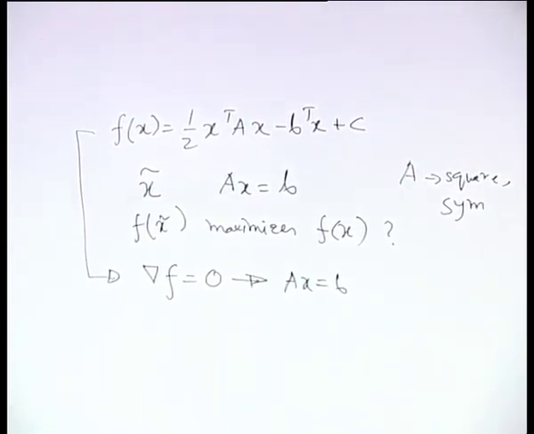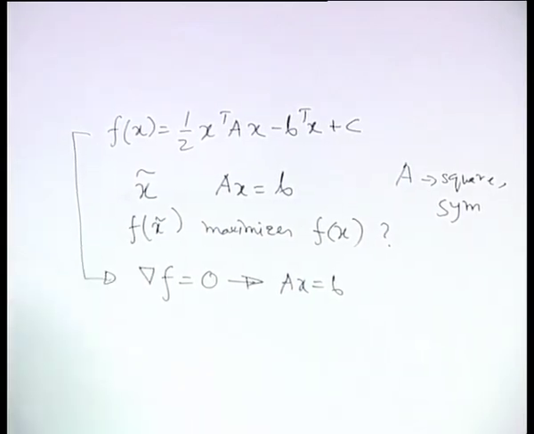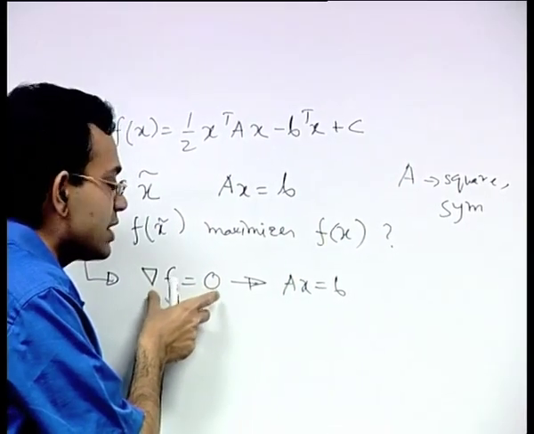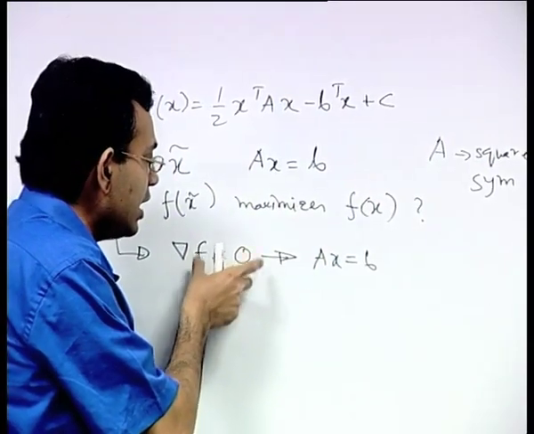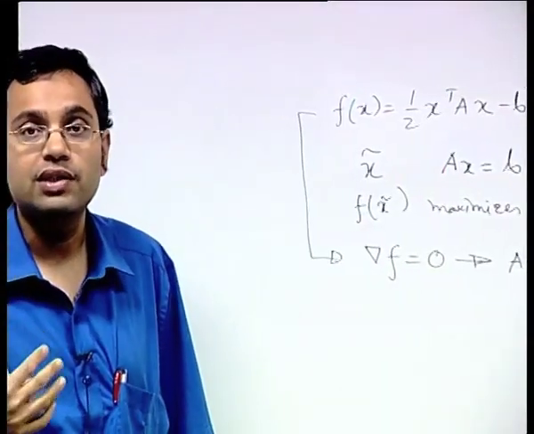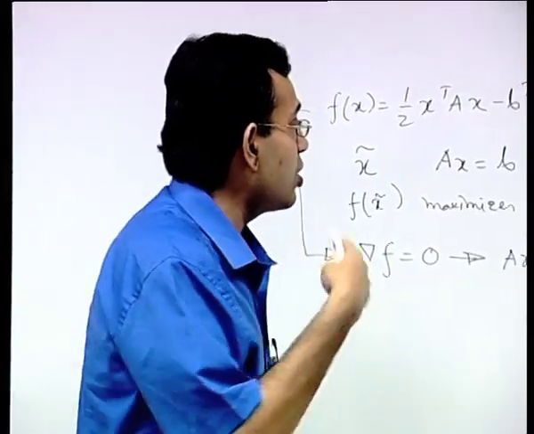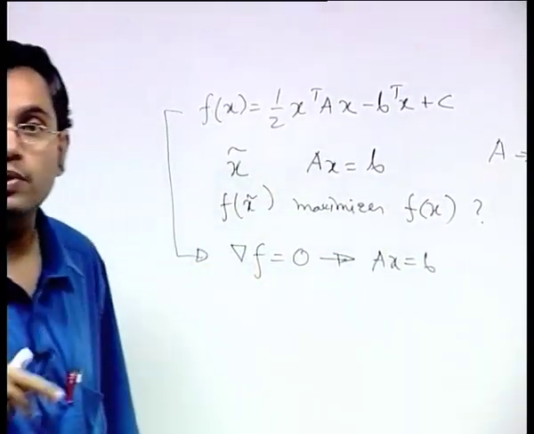Now when we say that gradient of f equal to 0 will lead to Ax equal to b, we imply that it is an extremization problem. Setting gradient of f equal to 0 does not automatically tell whether it is a minimization or a maximization. Later on we have shown that if A is also positive definite, then it leads to a minimization problem and not a maximization problem.